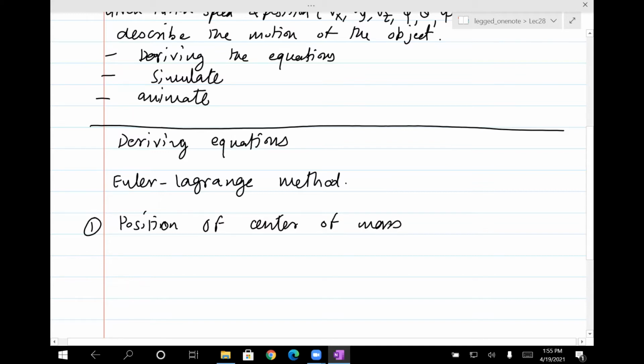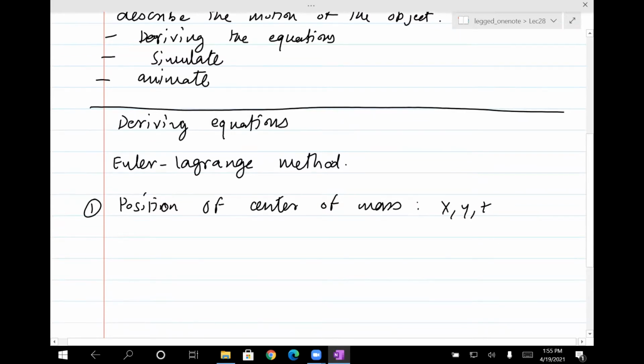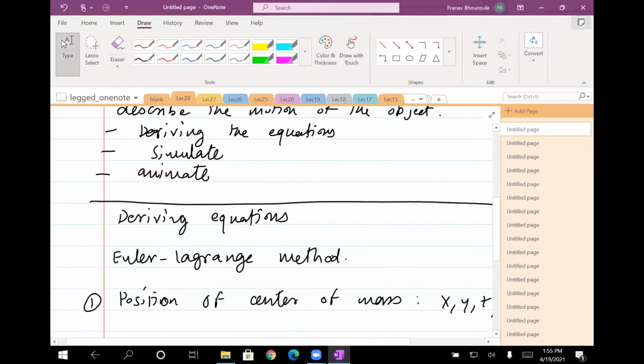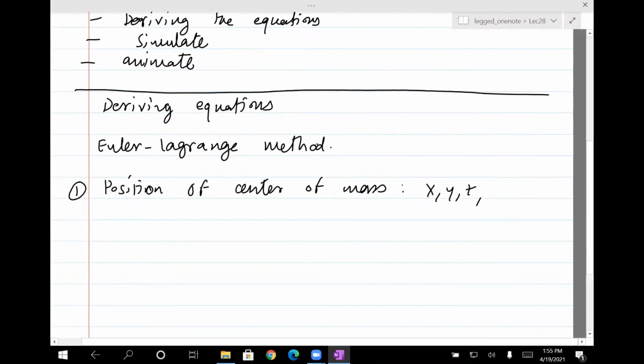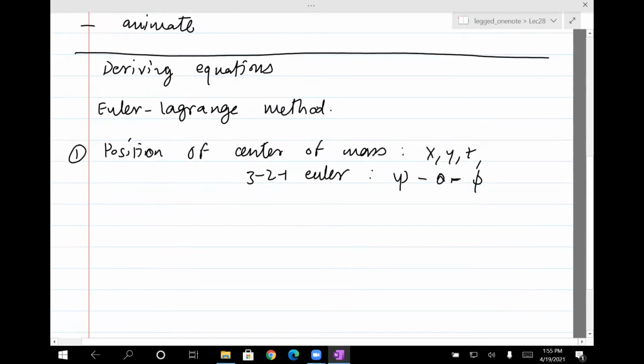The x, y, z position is simply x, y, z, and for the rotations we'll use Euler 3-2-1 angles. In this case it'll be psi about z, theta about y, and phi about x. So that was easy.